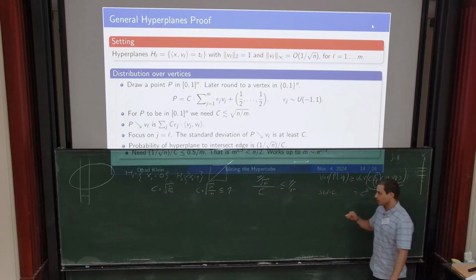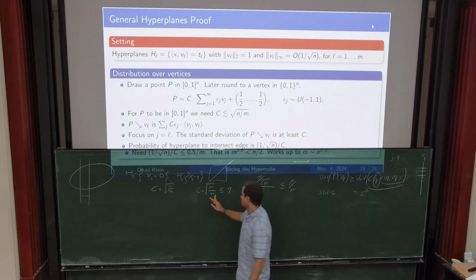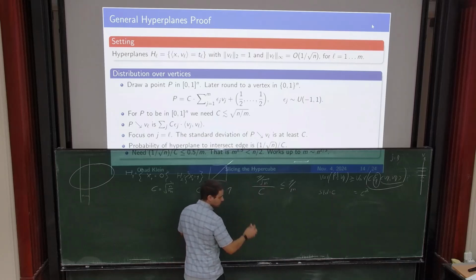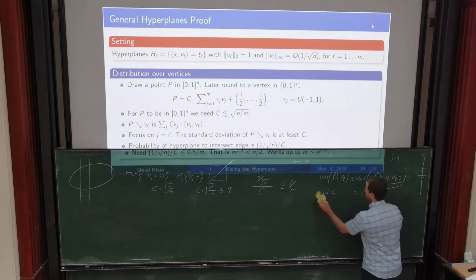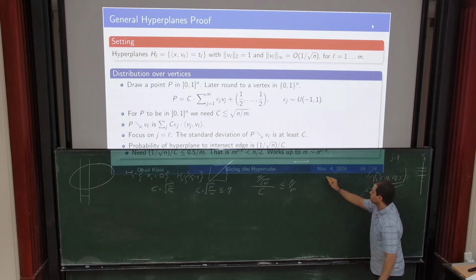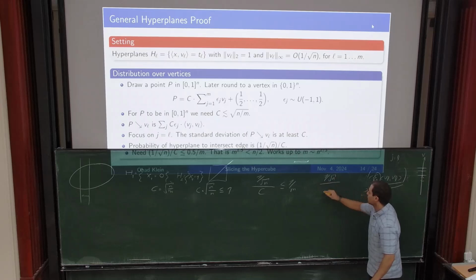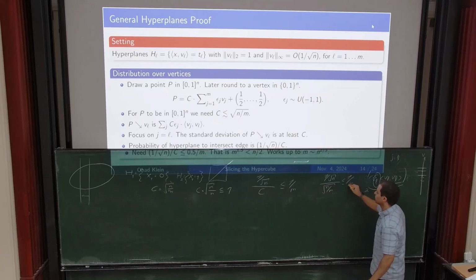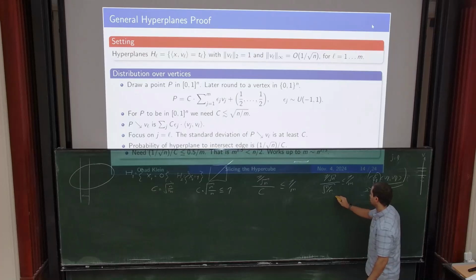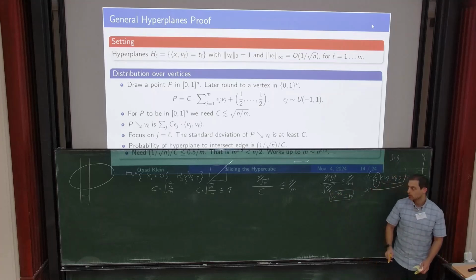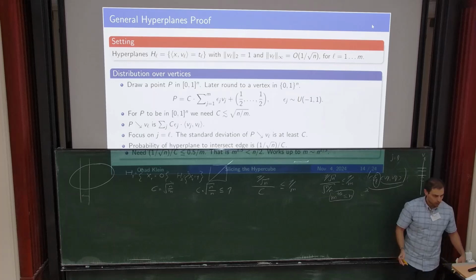Now let's just substitute everything, C equals square root of n divided by n. It should be smaller than 1 over n. Now you can play a little bit with that, and you need that m to the 2/3 should be smaller than n. So this is why the proof works up to this point.